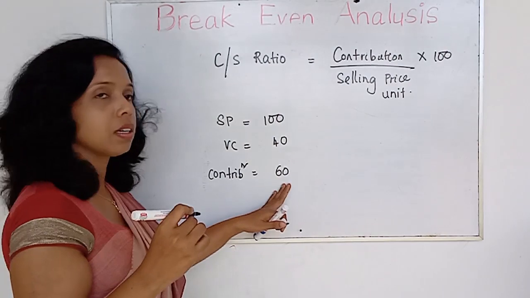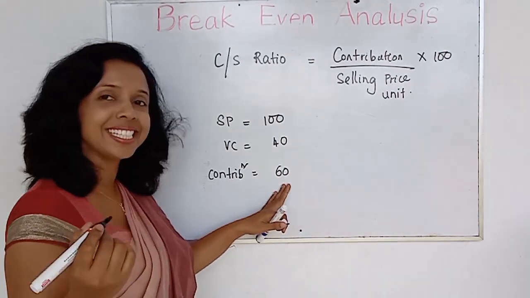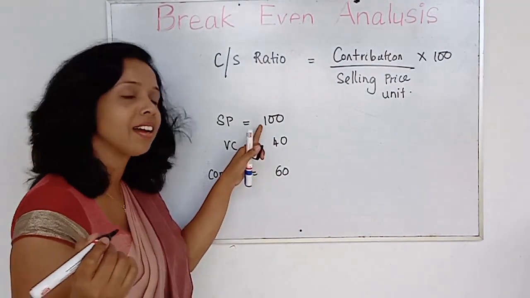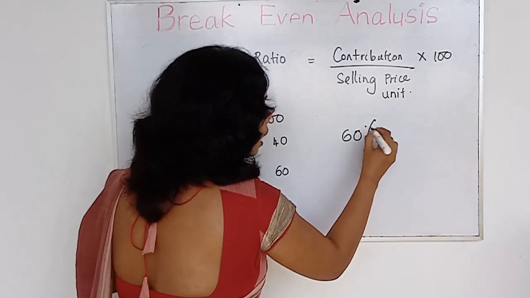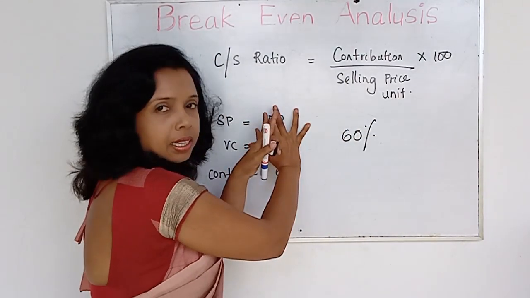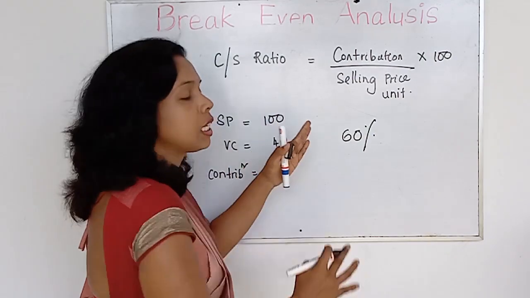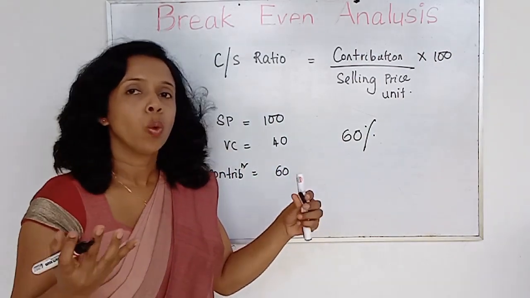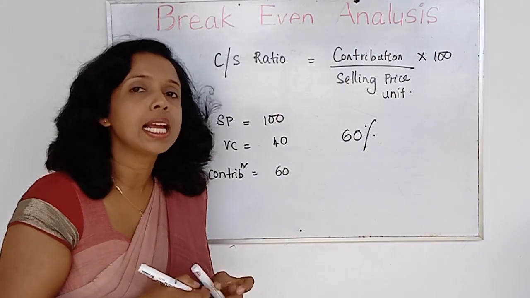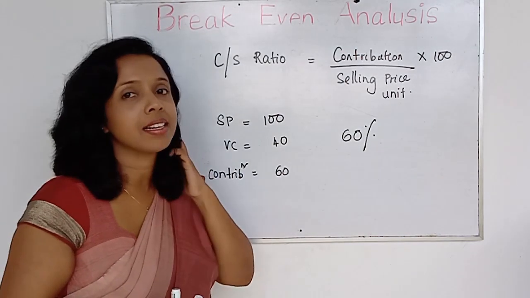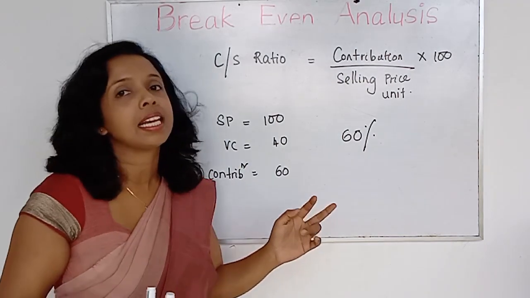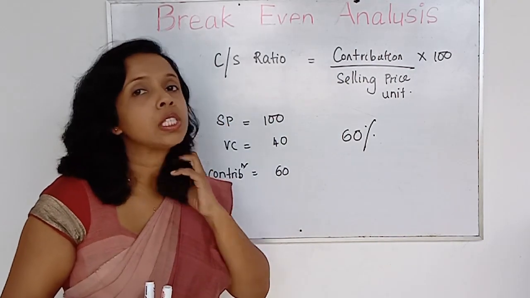If my contribution is 60 and my selling price is 100, what is my CS ratio? It is 60%, right? If you don't know any of these figures, but you know the CS ratio of your business is 60%, what does that mean? If you sell at 100 and the contribution is 60, that means your variable cost is 40.